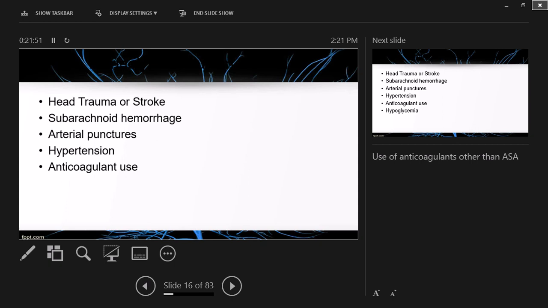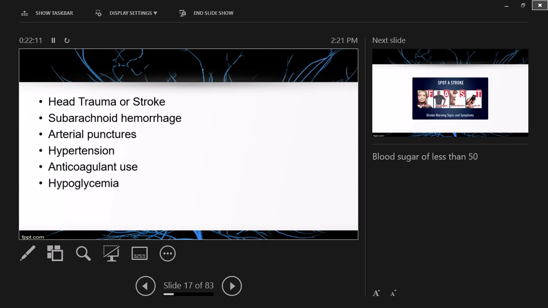They'll use TPA. If they're on Plavix or some other really, really strong anticoagulant, that may eliminate them as well, just simply because the platelets are already not sticking together, and you're making it even worse. And the last one here is hypoglycemia.